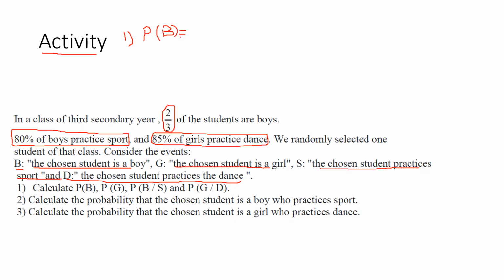Come on, guys and girls too. What is the probability that we have a boy? Here we don't have numbers to put possible over total. What is the probability to choose a boy? 2/3. Yes, good.